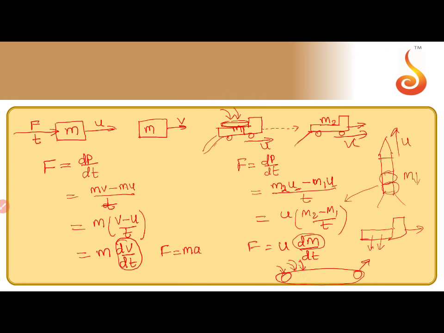As you are adding more and more of the quantity, the mass will keep on increasing, but the velocity of the belt will remain a constant. That force required to keep the belt moving with constant velocity, though an additional mass is there, is nothing but your F equal to u into dm by dt.